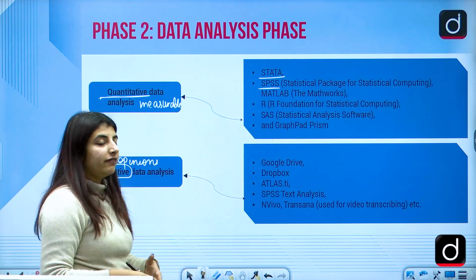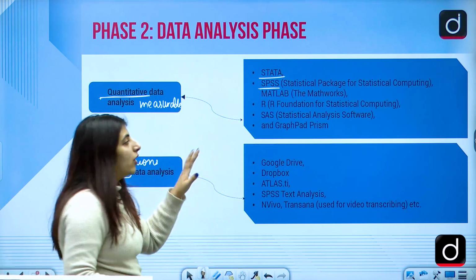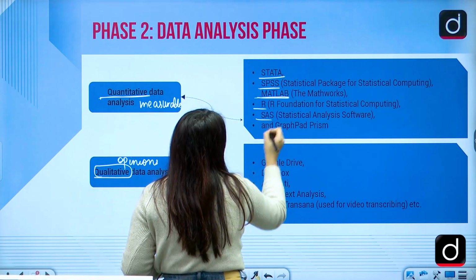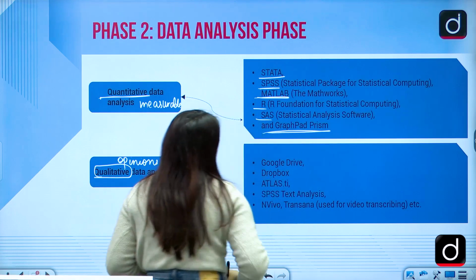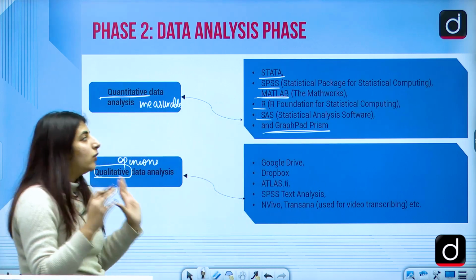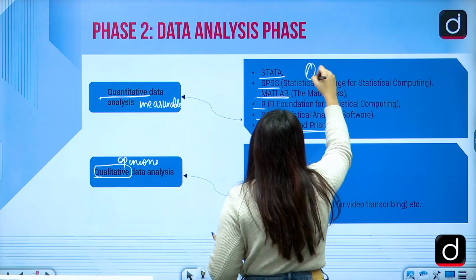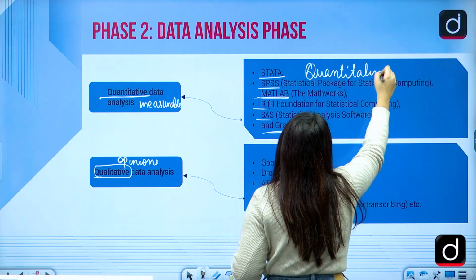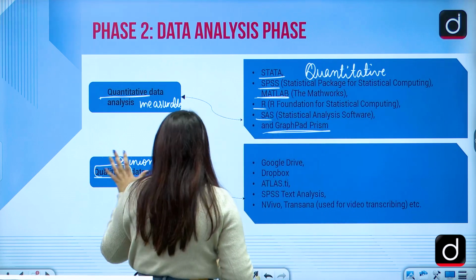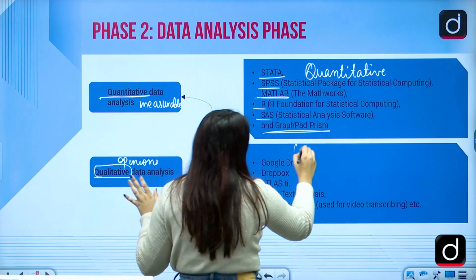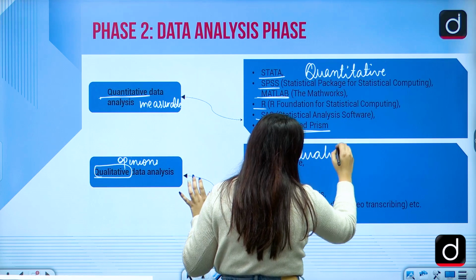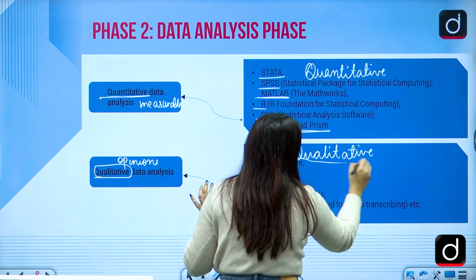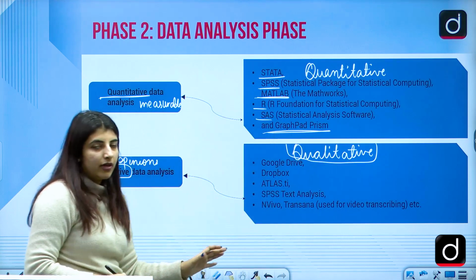Qualitative data and quantitative data can be stored here as well, or analyzed using MATLAB, R, SAS, and GraphPad Prism. All of these are quantitative data analysis software. And if we talk about qualitative data analysis software, we have Google Drive, right?